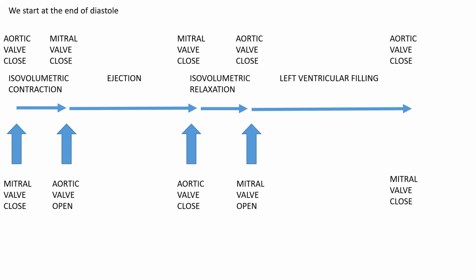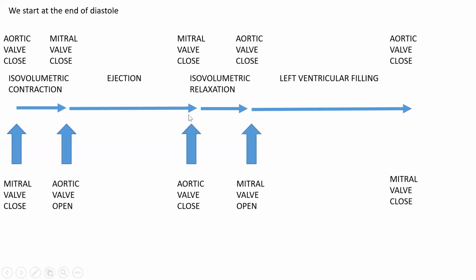Okay, so I just wanted to remind you again that there are 4 parts of the cardiac cycle. From this part to this part is what we call systole. From this part to this part is what we call diastole. At the beginning of systole, you have isovolumetric contraction, in which the pressure inside the left ventricle goes up, but the volume stays the same. Then you have ejection, where blood flows from the left ventricle into the aorta.